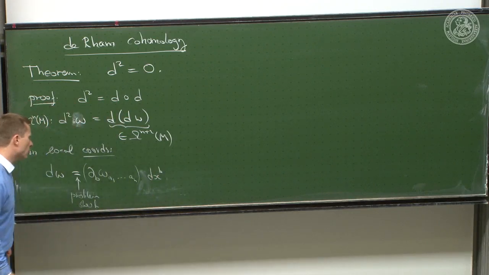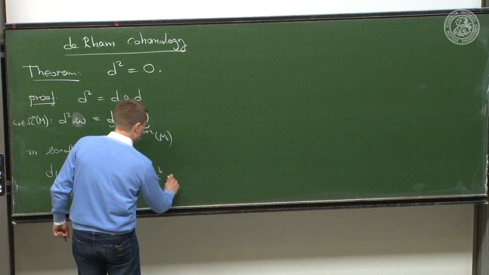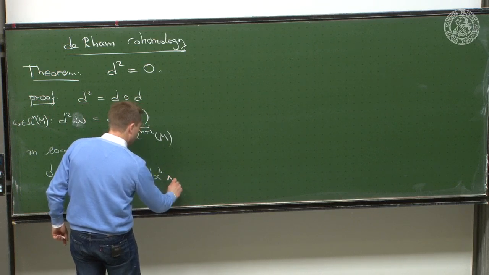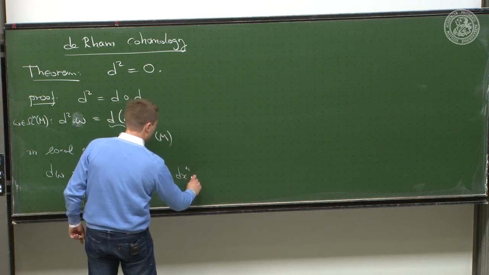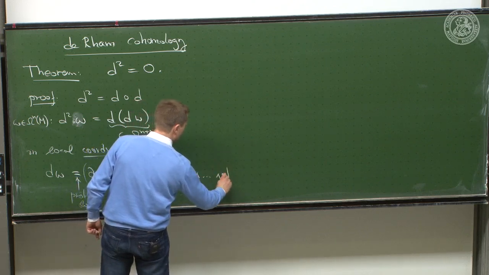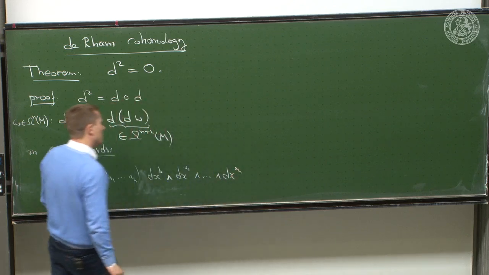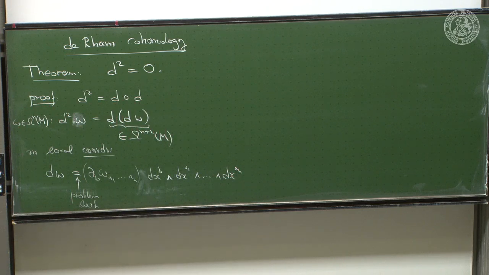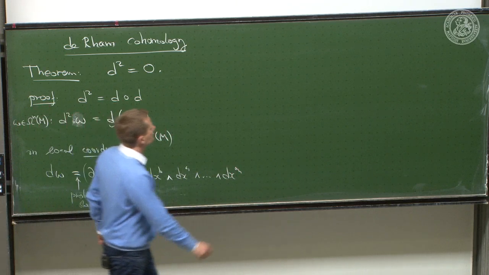We know this is a one-form field. So you can wedge these fields, dxb wedge dxa1 wedge ... wedge dxan. So you can always, in local coordinates, expand the exterior derivative like this.